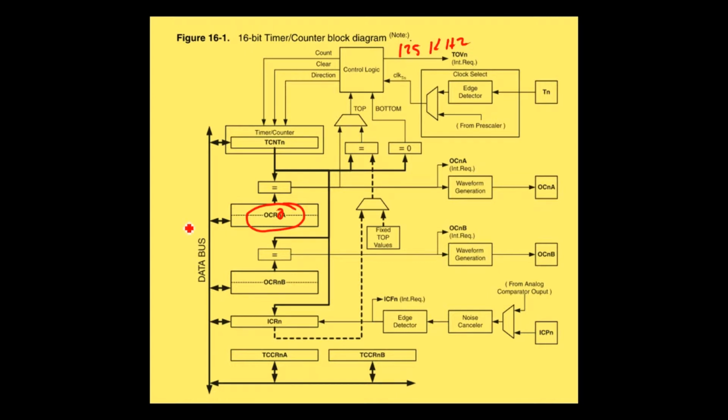If we set this equal to 124, then basically it will take 1 millisecond for this counter here to go from 0 to 124. And when that counter hits that 124 value here, so they're equal, it sends back the signal here to signal that we've reached the top of our register.